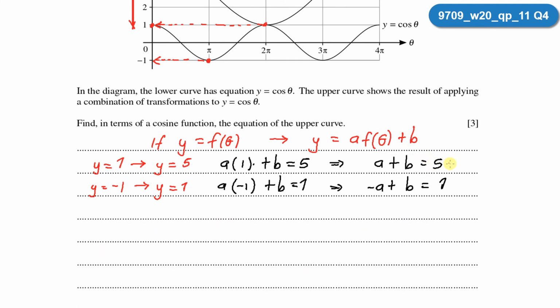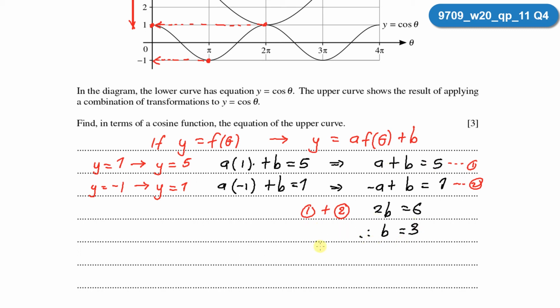Now we have two simultaneous equations which need to be solved, and I'll do this simply by adding equation 1 plus equation 2. If we add equation 1 plus equation 2, a plus minus a gives us 0, b plus b gives us 2b, and 5 plus 1 gives us 6. So this therefore means that, dividing both sides by 2, b comes out as 3.